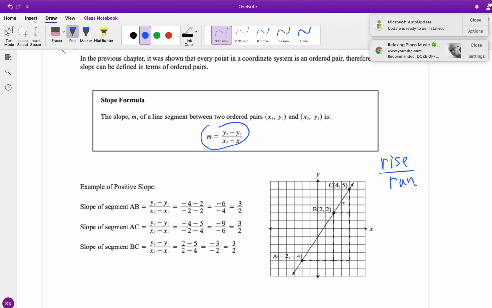From this point to this point, what is the rise? This rise part here. You see this rise part? This 5 is the y value. Now for this point here, the 2 is the y value, right?